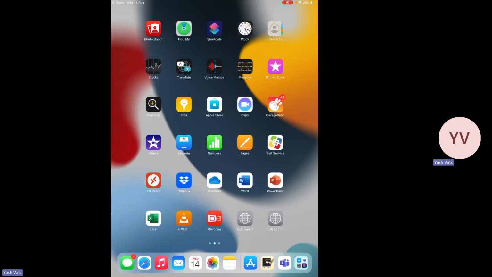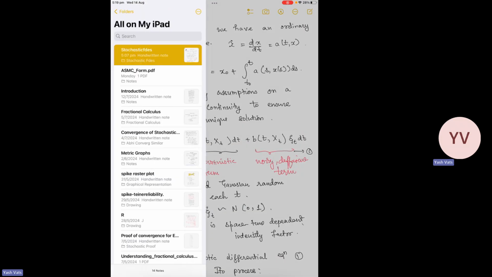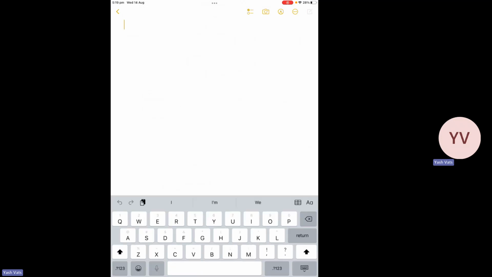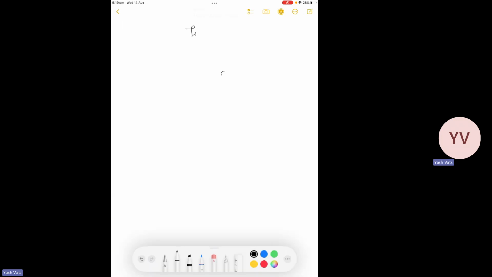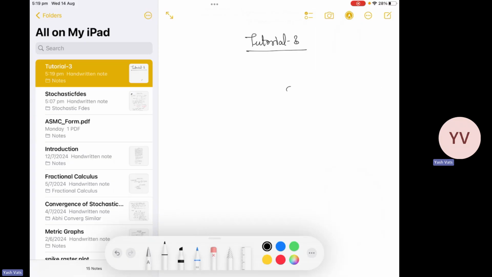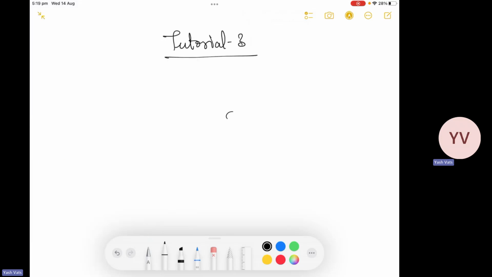So I just go there and open a new note. Yeah. So tutorial 3. I was charging my pencil and then I discussed this. Okay, so maybe I can discuss in this way if that is fine for us.